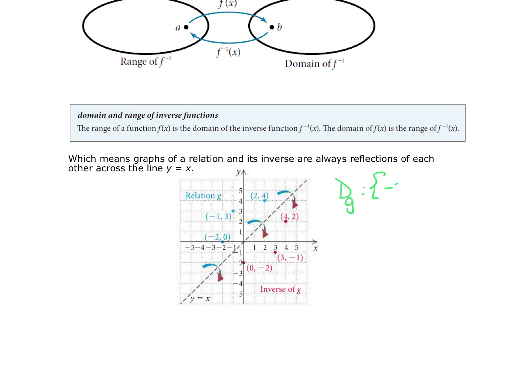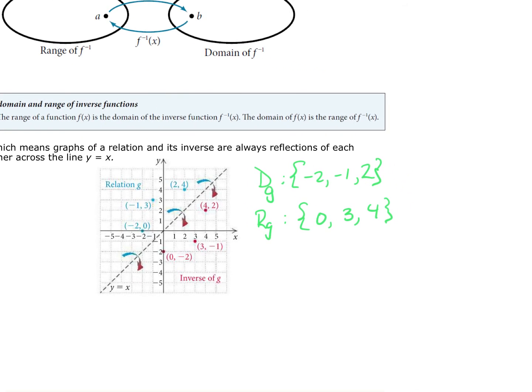My domain was -2, -1, and 2. The range of g was 0, 3, and 4. Then this becomes the range of g inverse, and this becomes the domain of g inverse. Domains become ranges, ranges become domains, and they will be reflected over the line y equals x.